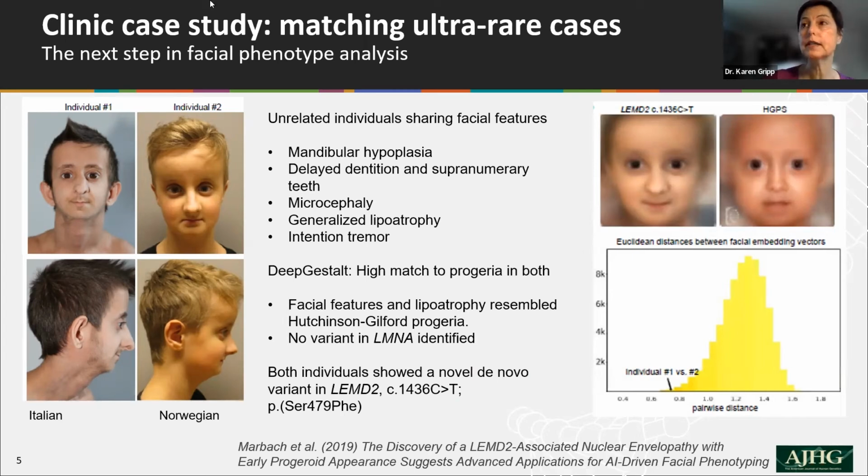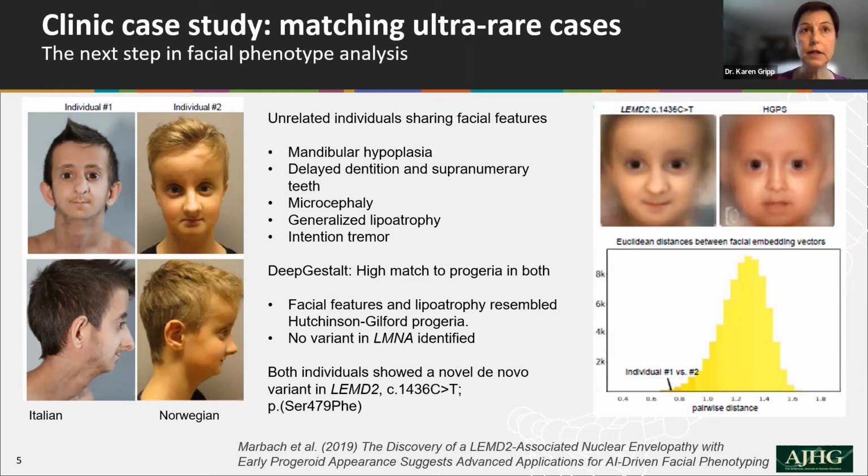And here on the right-hand side, you can see the composite of the two patients, the two probands, and Hutchinson-Gilford progeria. There's a lot of similarities. Each of the two patients, the probands, had mandibular hypoplasia. They had delayed dentition, supernumerary teeth, microcephaly, lipoatrophy, I think, can already be appreciated in these images a little bit. And there is a lot of overlap to progeria.